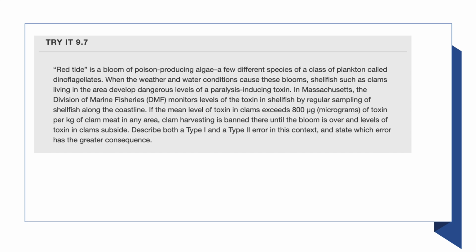They ban it until the bloom is over and the levels of the toxin subside, returning to safe levels. Describe both a type 1 and a type 2 error in this context and state which error has a greater consequence. Now remember, you need to come up with a null statement first. I'm going to give you a little stop and start, and then I'll show you what I came up with for a null statement.